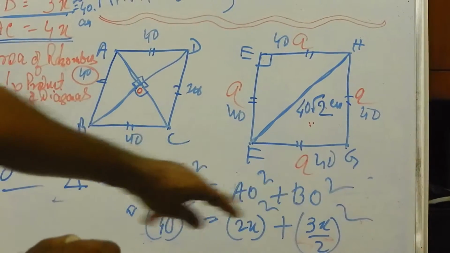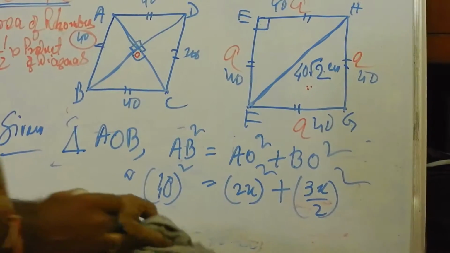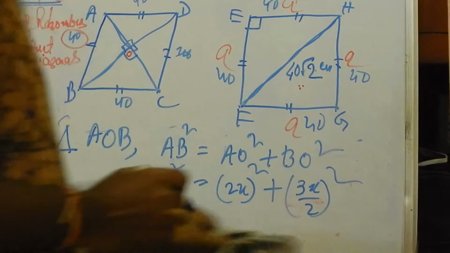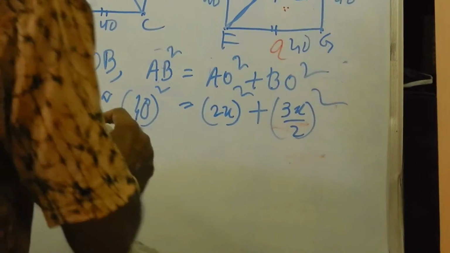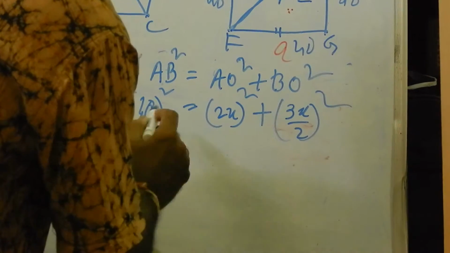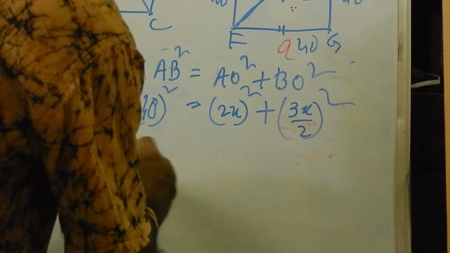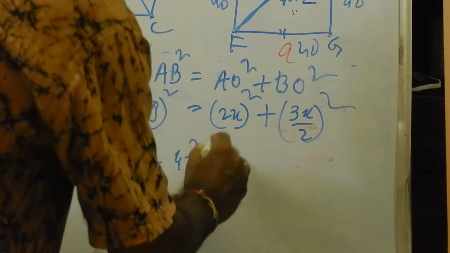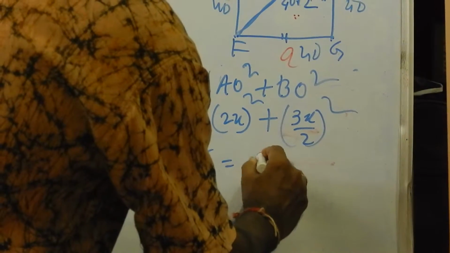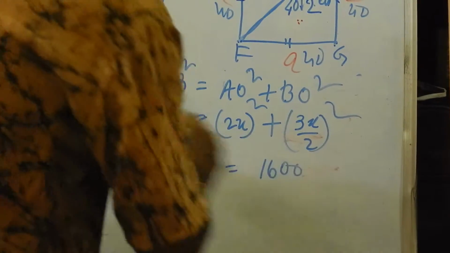So this is the equation. From this equation we will deduce the value of x and accordingly we will find out the area of the rhombus. So 9x square by 4 plus 4x square equal to 1600, 40 square.